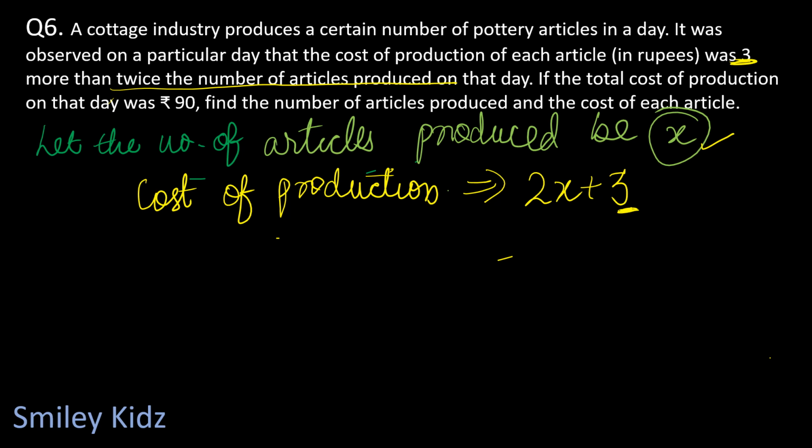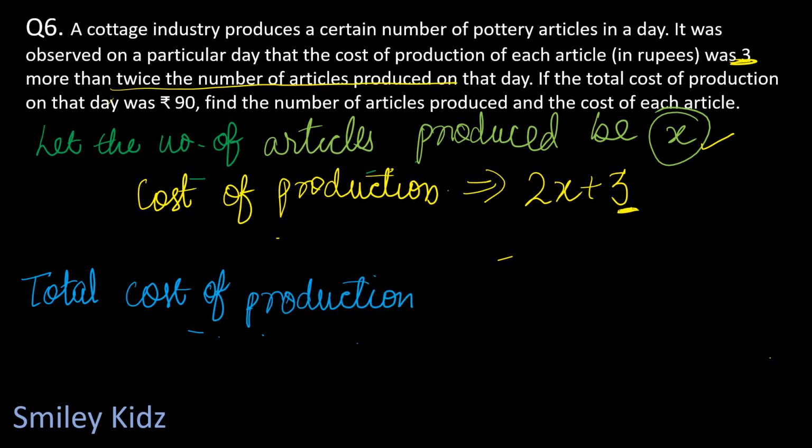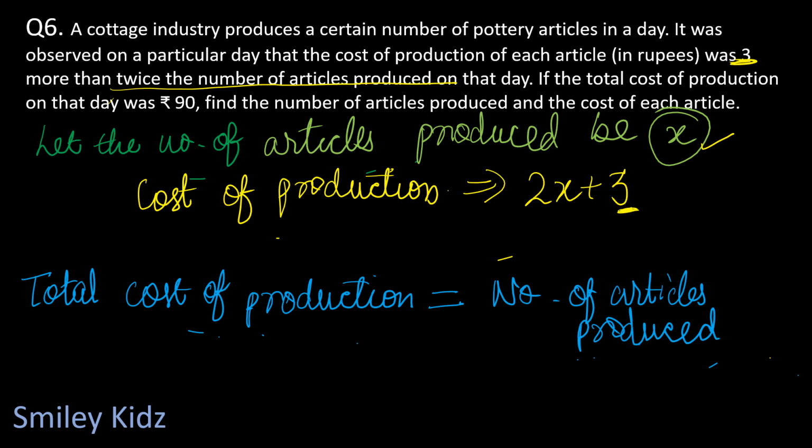Now, we also know the fact that the total cost of production will be equal to the number of articles produced multiplied with the cost of production of each article.